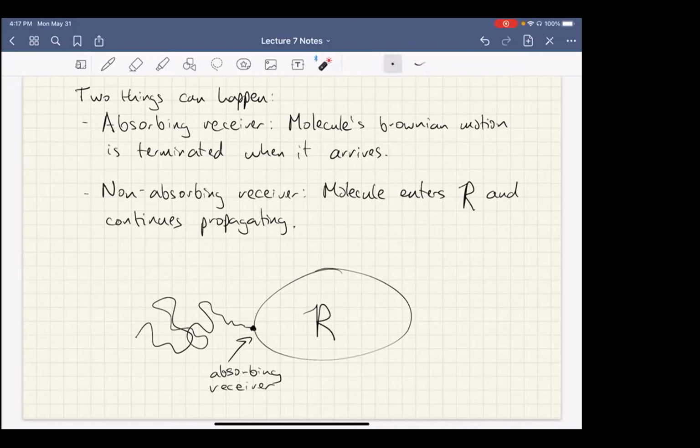That's it. So its motion ends as soon as it arrives at the receiver. For a non-absorbing receiver, the random motion continues within the volume. So this is for a non-absorbing receiver.